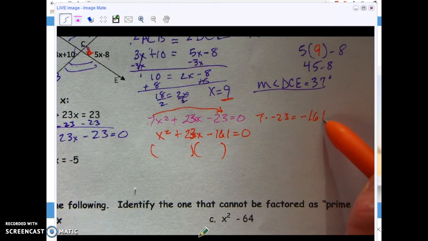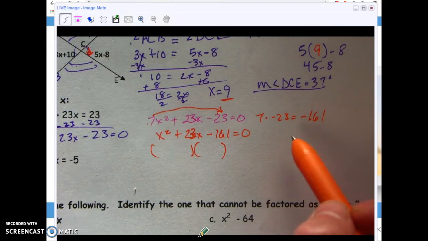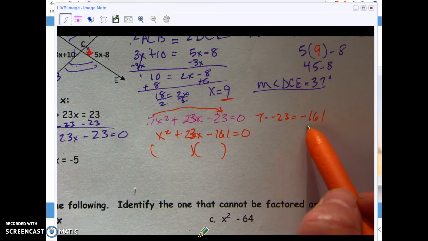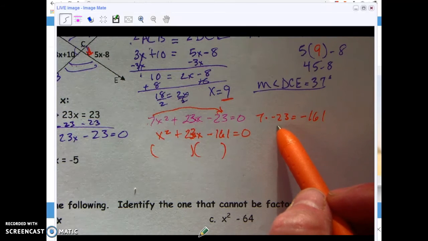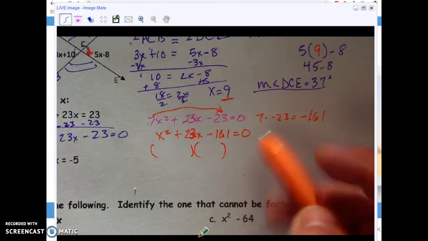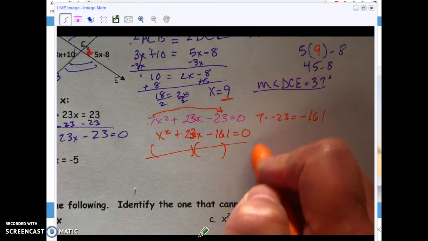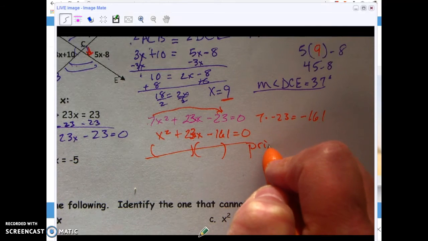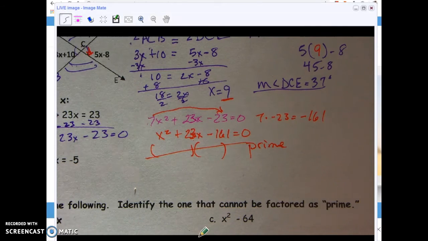I mean, I could do 1 times 161, but that would not add up to 23, which it has to in the middle. So this is not possible. It's prime.